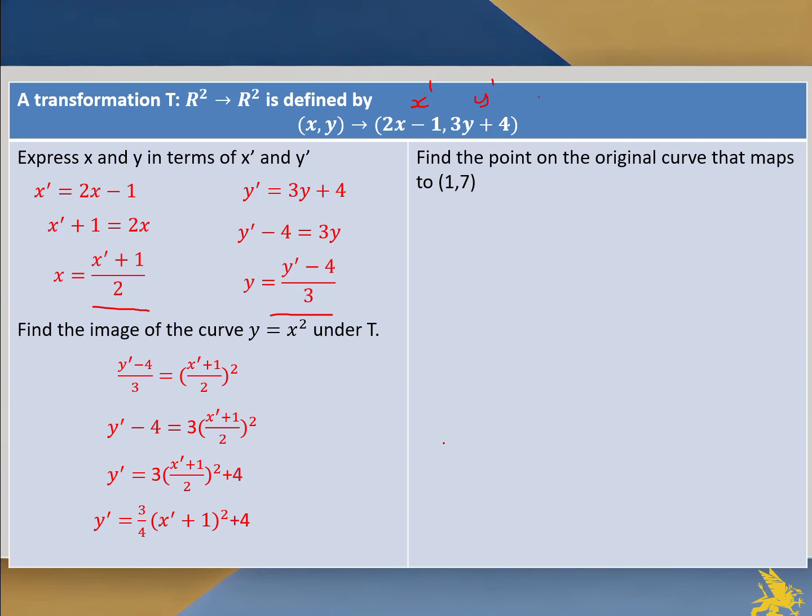How I would do that? If I rewrite this slightly, inside my bracket, I could factor out a half to get rid of that. But because it's squared, I would have factored a half out of my other one as well.